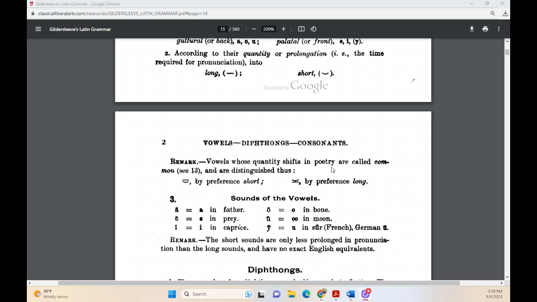Poetic license means that poets, when they're trying to compose poetry, are given freedom in sort of bending the rules of grammar in order to help them write their poetry. So that's just a note there under Article 2, but remember, it only applies to poetry. And if you're not reading poetry, you don't have to worry about it.